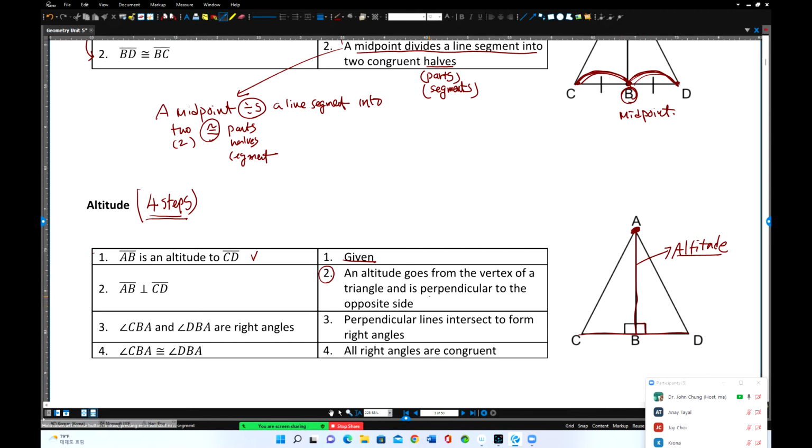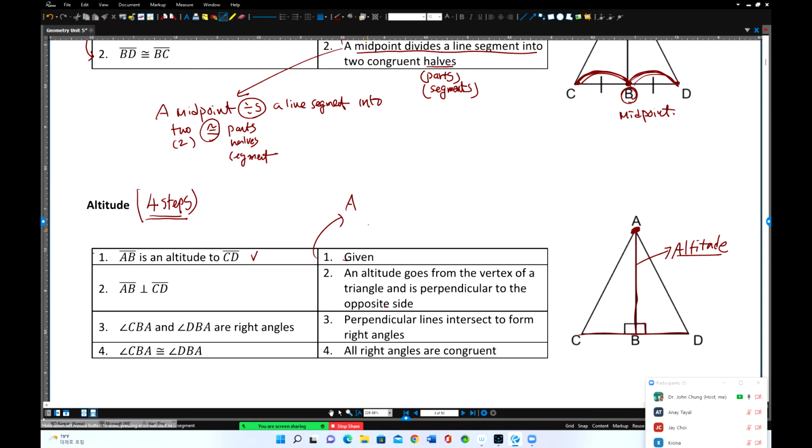So over here, I'm going to use this way. An altitude goes from a vertex of a triangle perpendicular to the opposite side. Okay, I like this one. This is my reason. I'm going to write it one more time. But this is okay too. But 99% use this one.